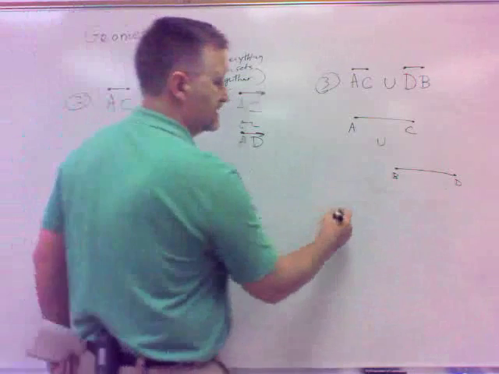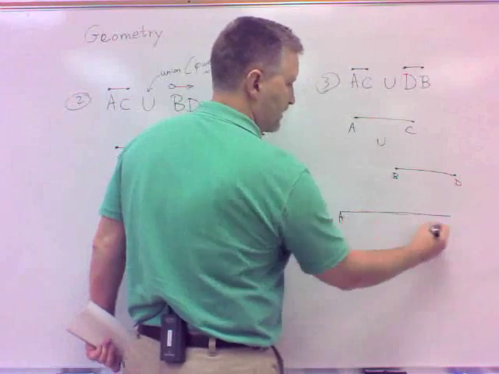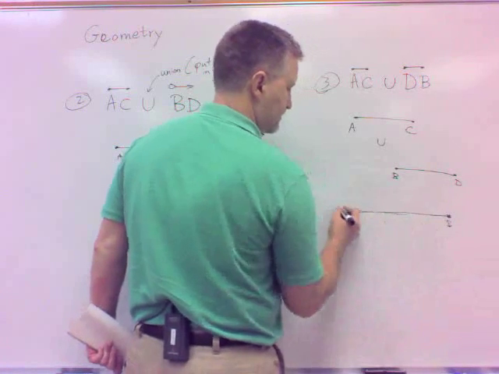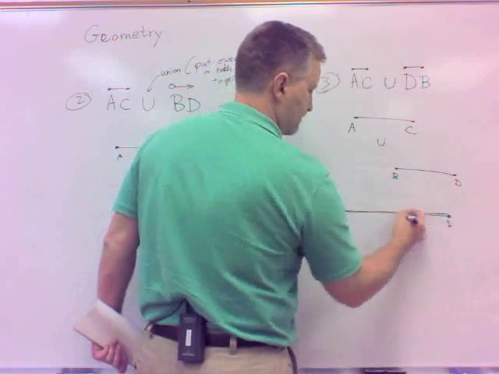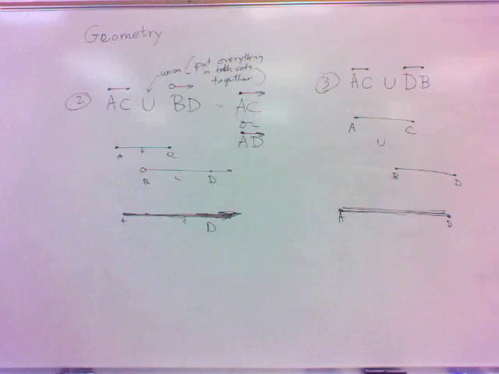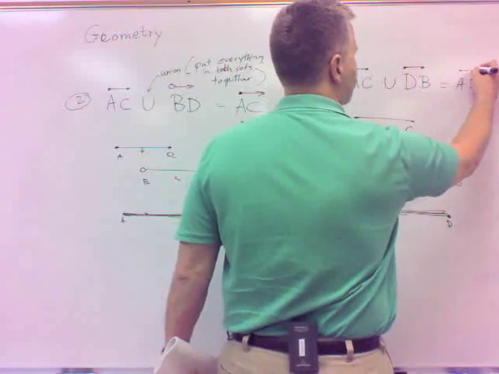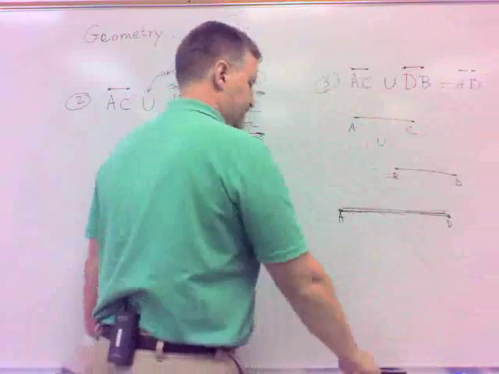So I take AC, combine it with DB. Wouldn't that give me this to this? What is that? Everything there? Segment AD, isn't it? With me on that?